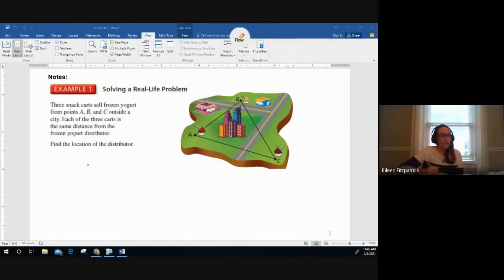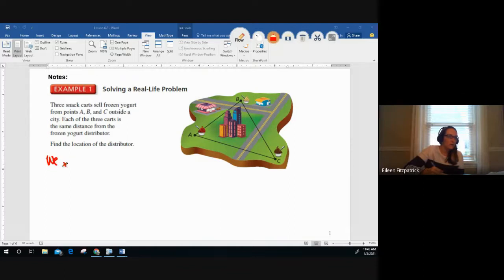So above, we learned that the circumcenter, which is the intersection of the 3 perpendicular bisectors, is equidistant from the 3 vertices of a triangle. All right, so that's what we need to do. We need to find the circumcenter. We need to find the intersection of the 3 perpendicular bisectors. So we'll write that down.